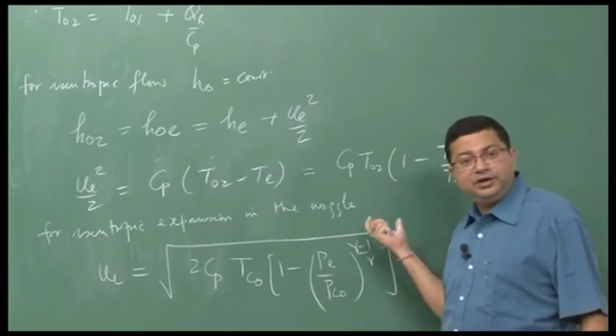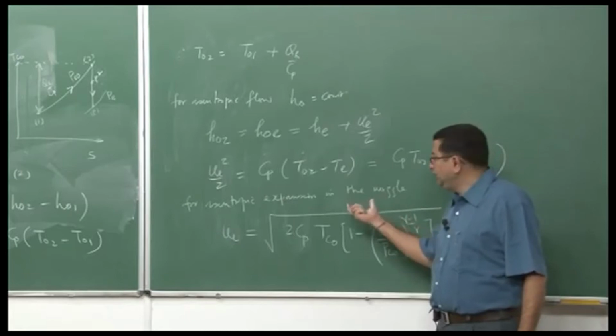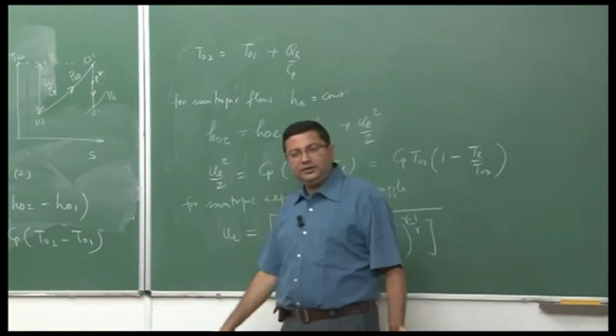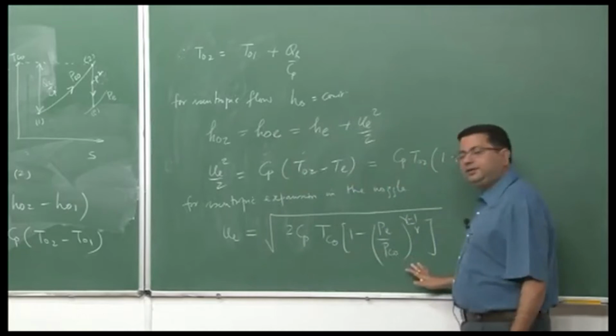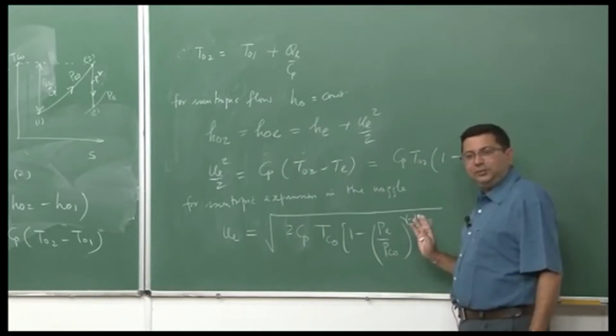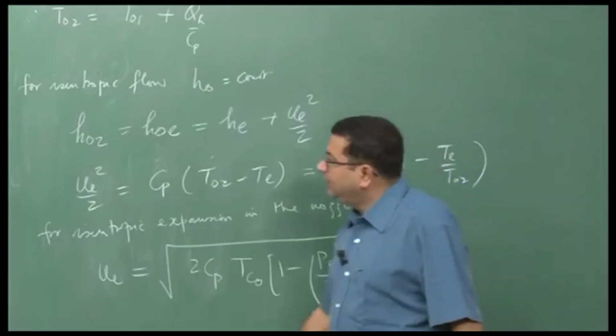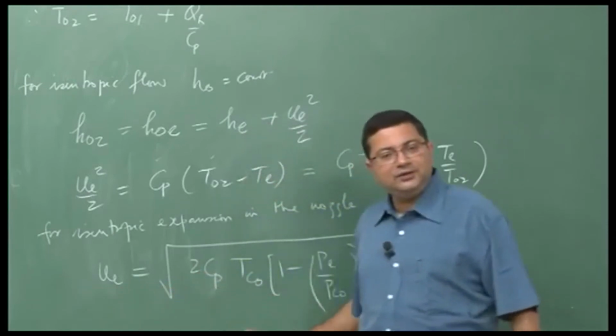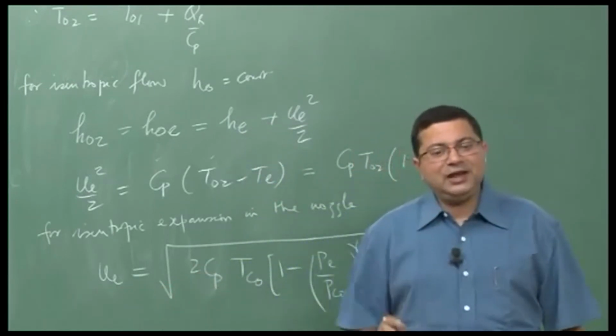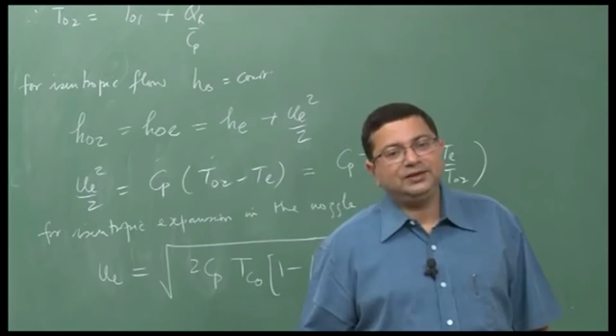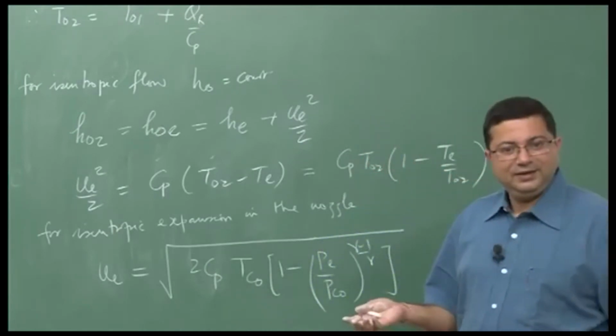This is the isentropic relationship. So, since we are considering the expansion to be isentropic, we can write it like this. So, for the isentropic nozzle, this is the expression for the exit velocity. So, this is the first time now we have an expression for the exit velocity ue, right.